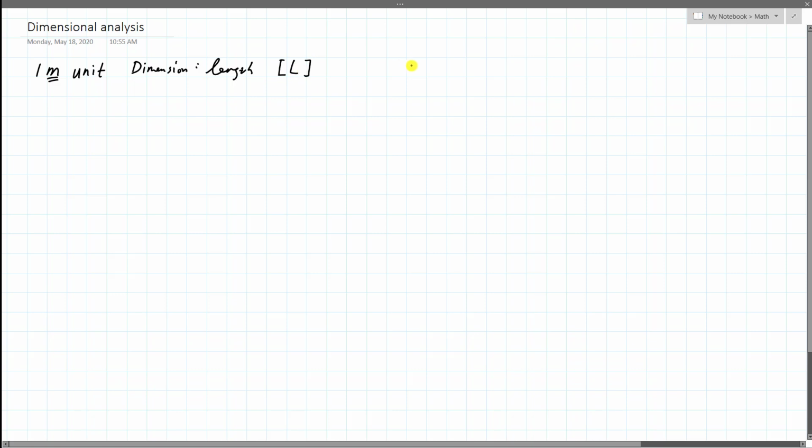We also have other units such as mass, so say 1 kilogram. So this kilogram is a unit, right? And the dimensionality is called mass. So we use the square bracket capital M to represent mass.